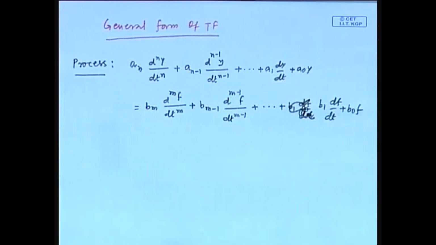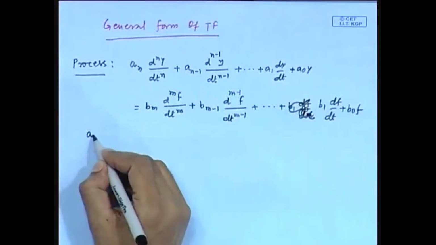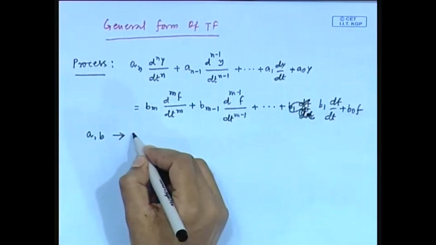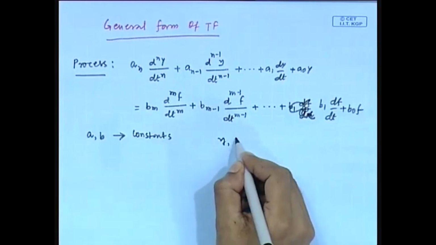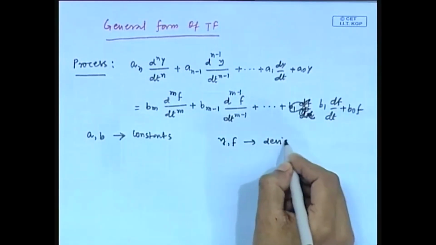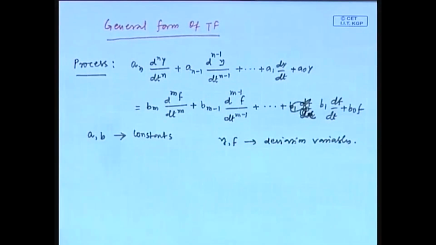This is the general representation of a linear process, where all the a and b are constant coefficients, and y and f both are deviation variables. Fine.